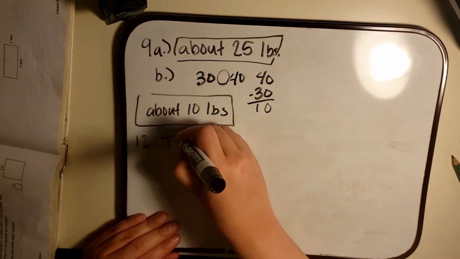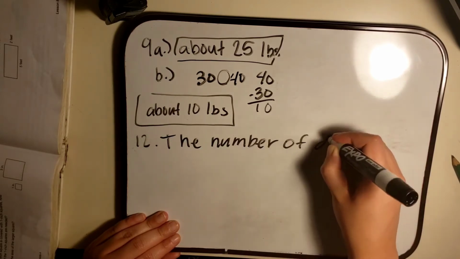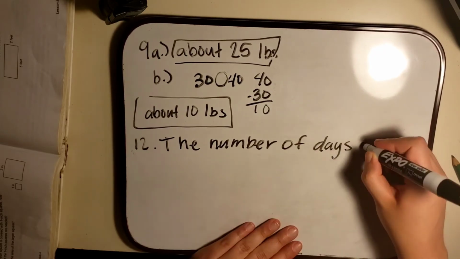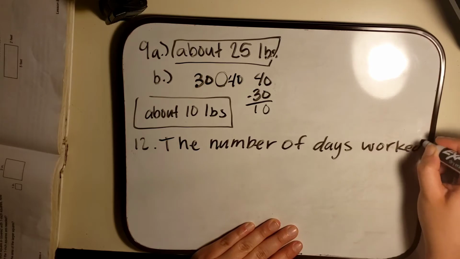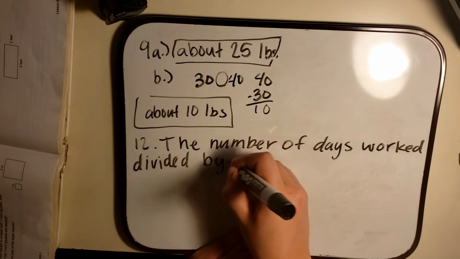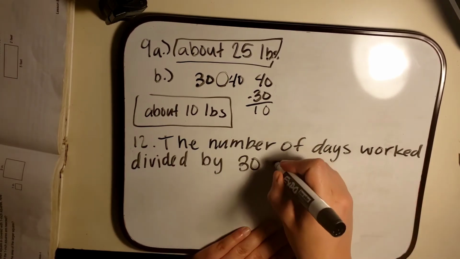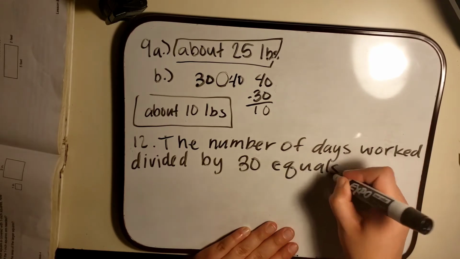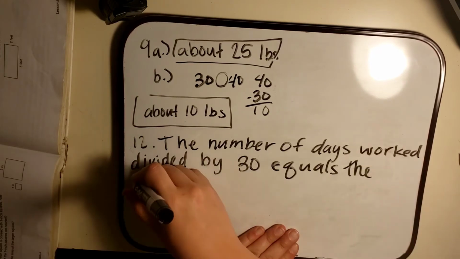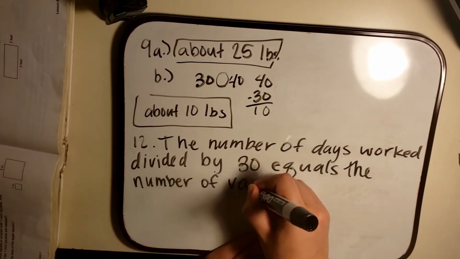So this says: The number of days worked divided by 30 equals the number of vacation days.